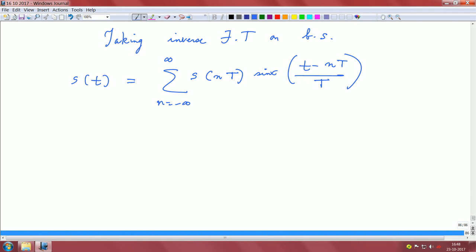Okay, and this is basically your sinc interpolator. So, this is the reason why people talk about an ideal low pass filter towards reconstruction, right, and the ideal low pass filter is essentially doing this job of sinc interpolation.